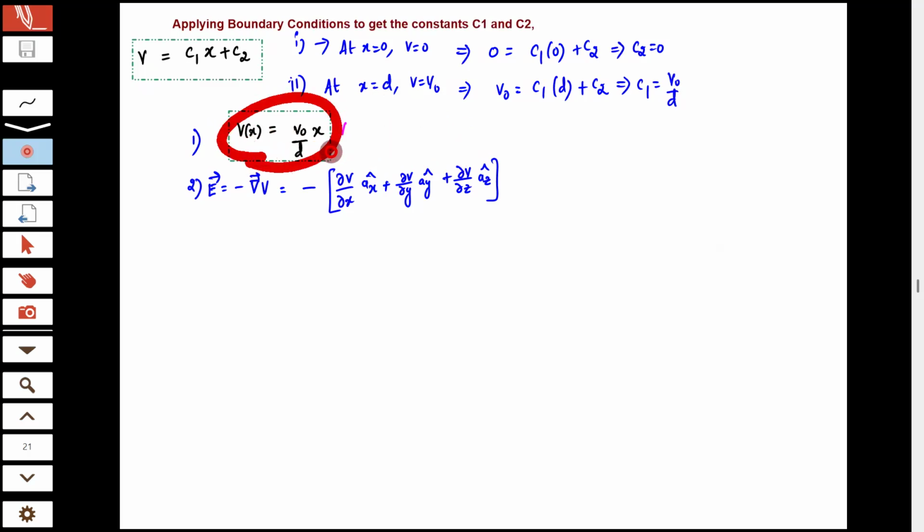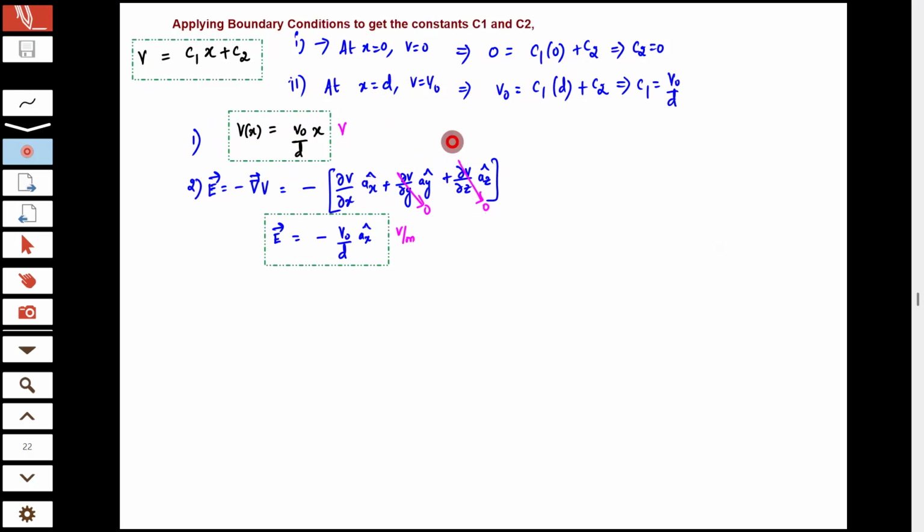Differentiating with respect to x, since the x term is present, we get V0 by d. The differentiation with respect to y will be 0 because there is no y term here, and the differentiation of V with respect to z will be 0 because there is no z term here.